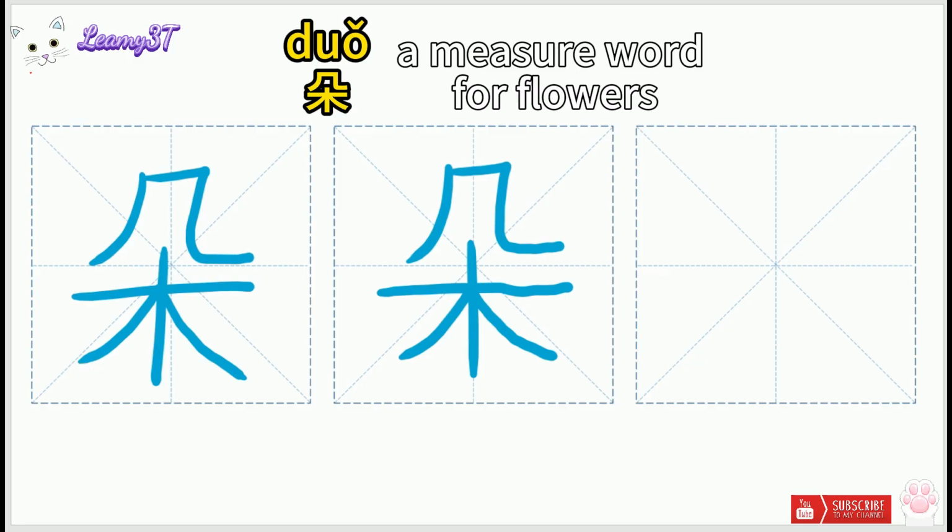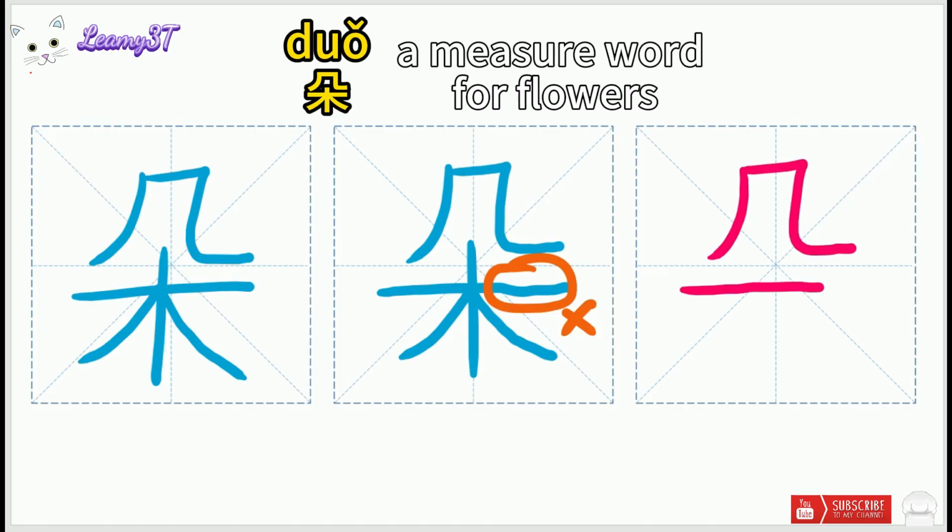If you can write on the paper, you should be doing better than me. So, like this one, it's not very good. Let's write one more. Okay, this one's much better.